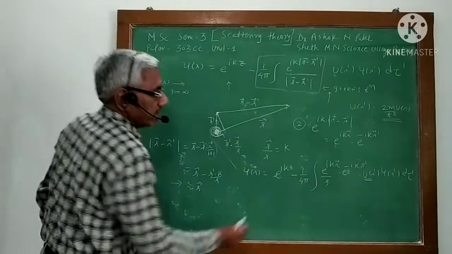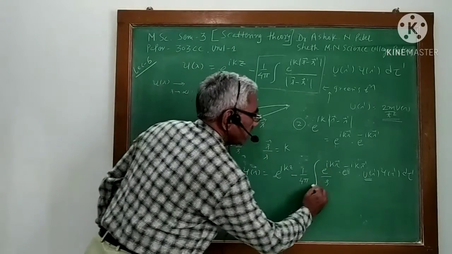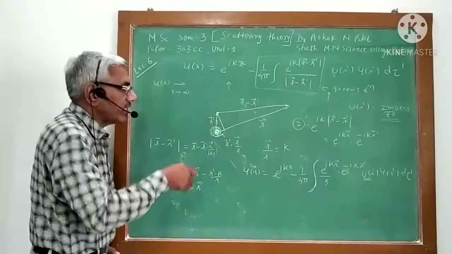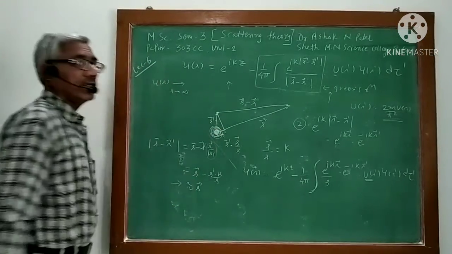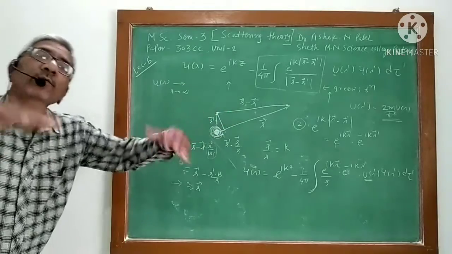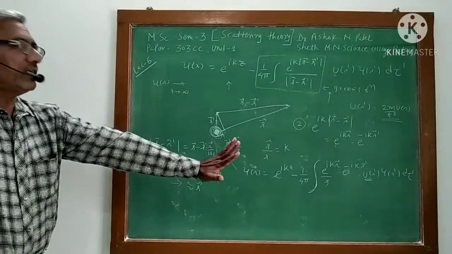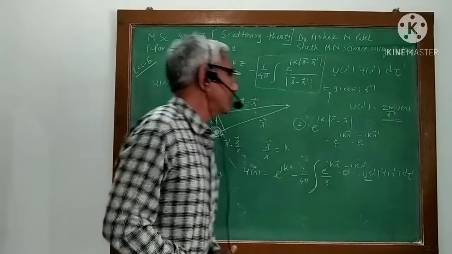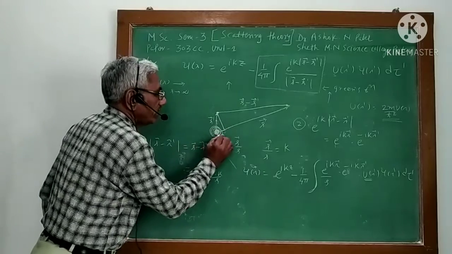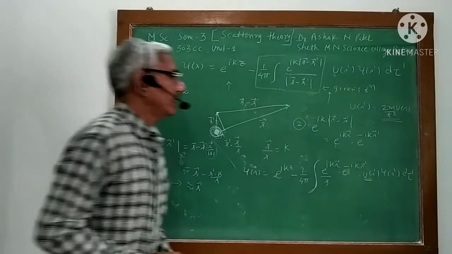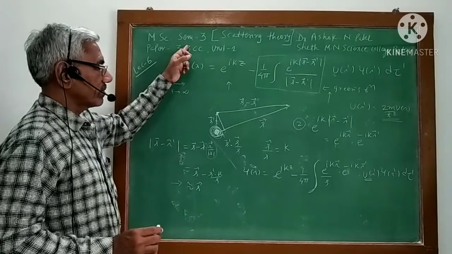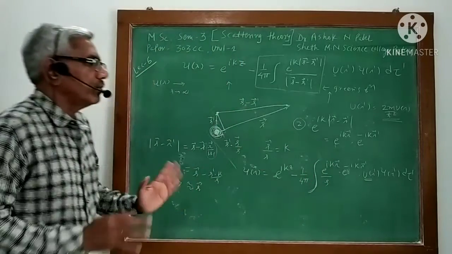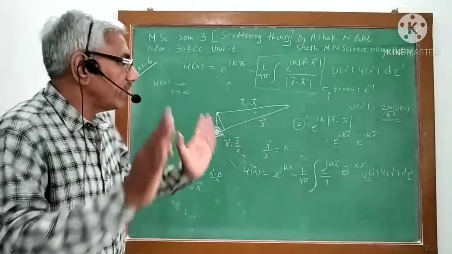Now here you see this integration, actually it is integration over r dash, but effective integration will be within this region only. Outside that region, even if you integrate, you will get nothing, because outside this term will be 0. So no meaning of this integration. But at large distance, this term is 0. So that term is not effective, so it will not contribute to the integration part.